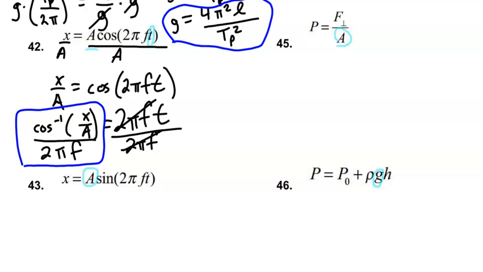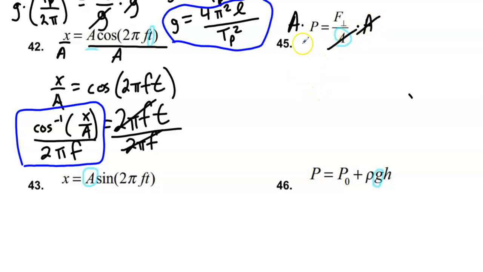So that is the expression of interest there. That little symbol just means perpendicular, force perpendicular. This is pressure equals perpendicular force over area. Solving for area, multiply both sides by A to get it out of the denominator.